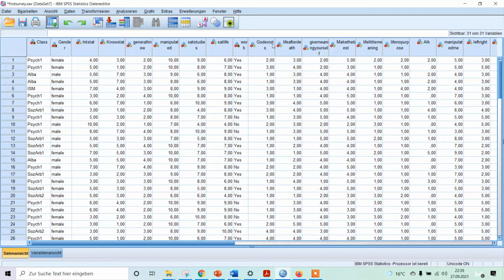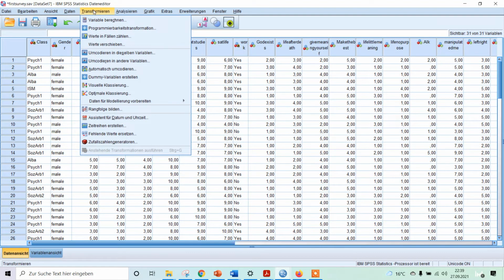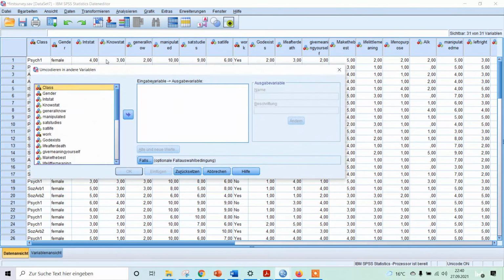So we need first to group our data. Therefore, we click on Transform again, Recode. We now create a new variable, so we recode into a different variable. We first need to explain which variable we want to recode.